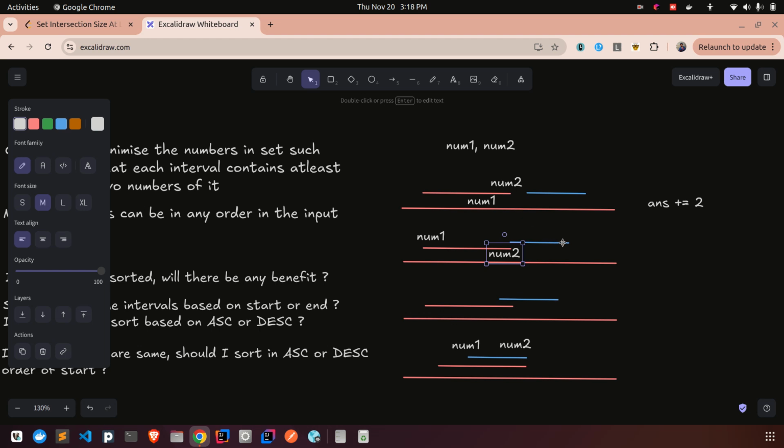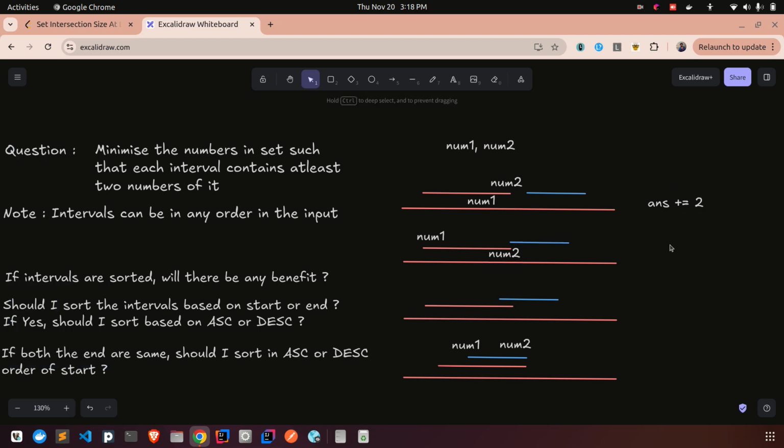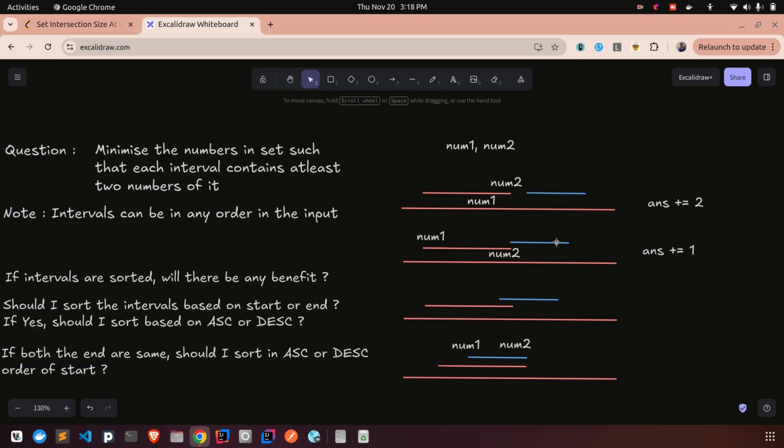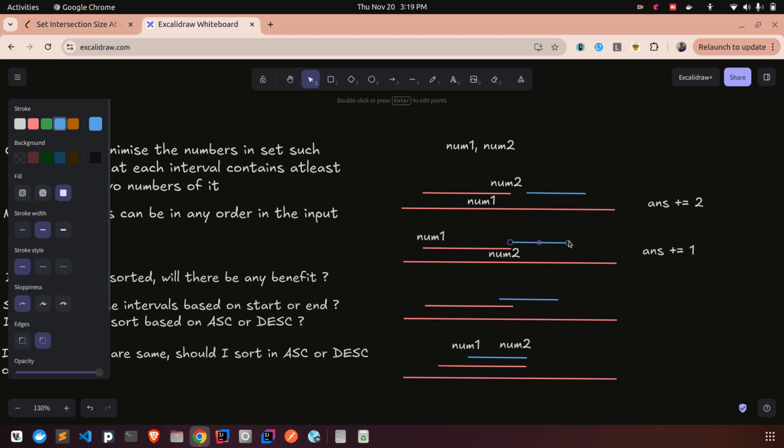So I have to pick one more element from the next interval, so that each interval will contain at least two elements from my set. Num1 and num2 are coming from this interval, and I will pick one more number which is the end of this interval, which will be contributing two elements to my result set: num2 and num3 are coming from this particular interval, and num1 and num2 are coming from this interval.